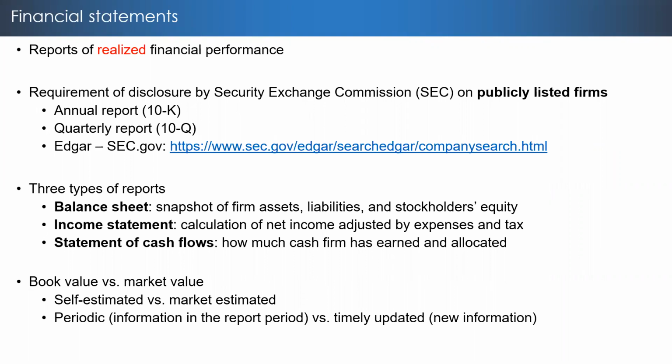If we look at these financial statements, they are actually reports of realized financial performance, meaning that the report is always about a period of time that has already passed. So the numbers are supposed to be real, supposed to be true, which is truly what happened to the company.